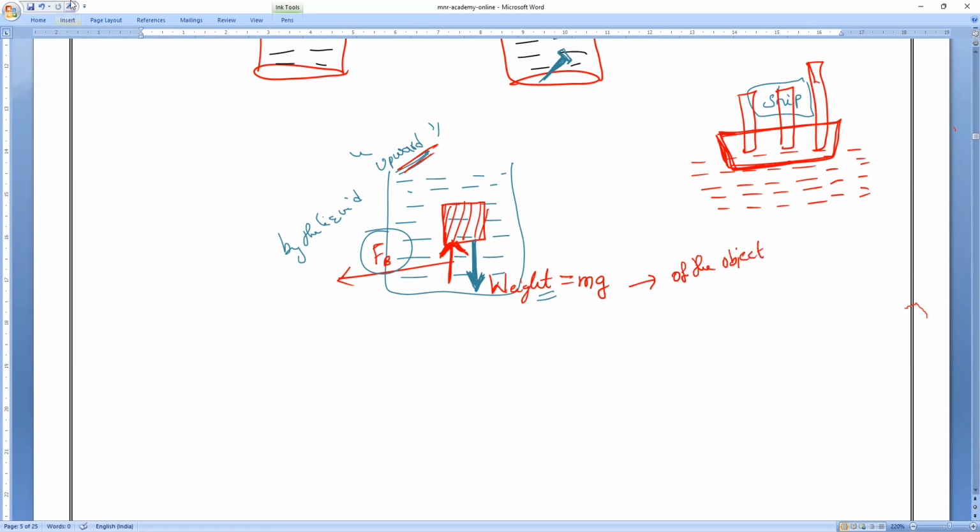Anyone? The immersed object. So the weight of the immersed object, do we take it as downwards or upwards? Downwards. Okay, that is what. So weight is represented with W, and the buoyant force is represented with FB.